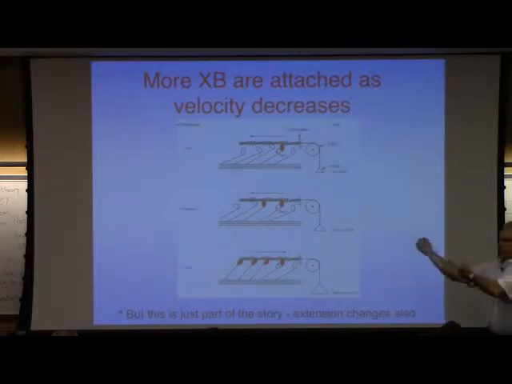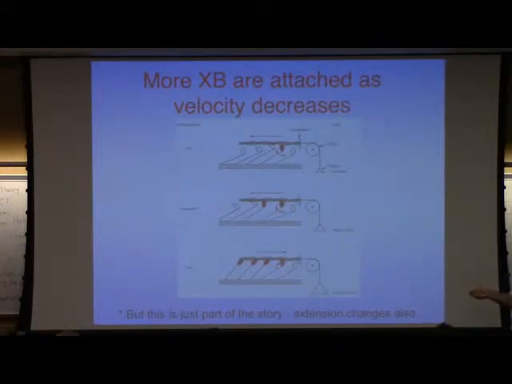And here you have a lot of cross bridges which are reaching out and pulling. Now as you decrease the load, you're going to get some shortening velocity. And here what's going to happen is cross bridges are going to cycle. They're going to detach. So you're going to have fewer attached cross bridges.